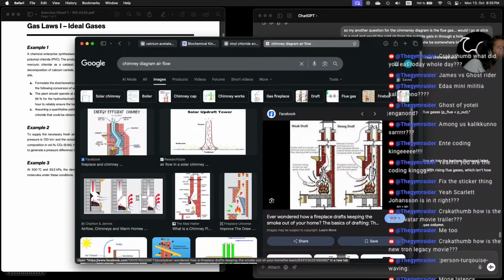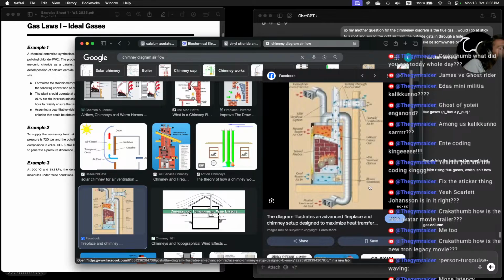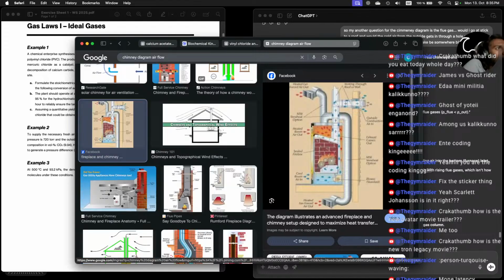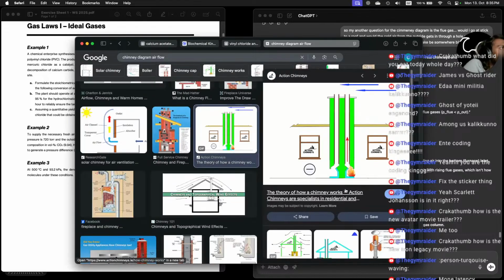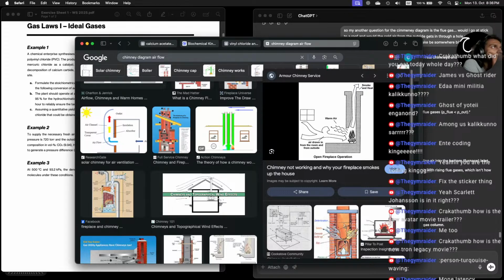Oh, no, that's not what I was looking for. It's not simple enough. Hmm. Now, what does ChatGPT say?